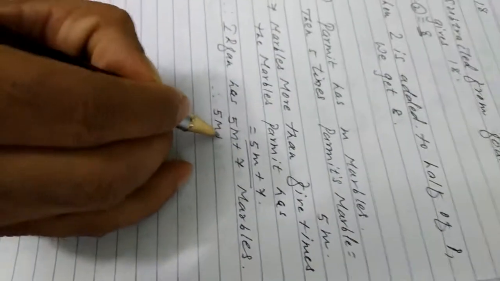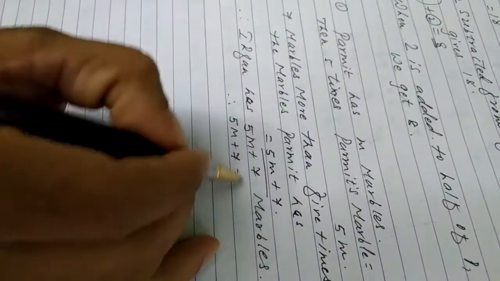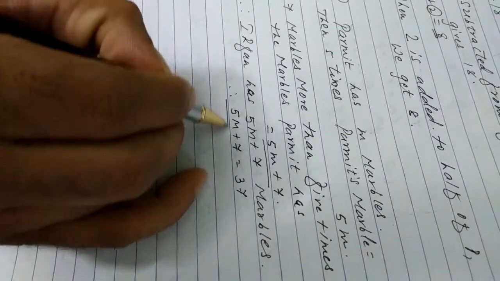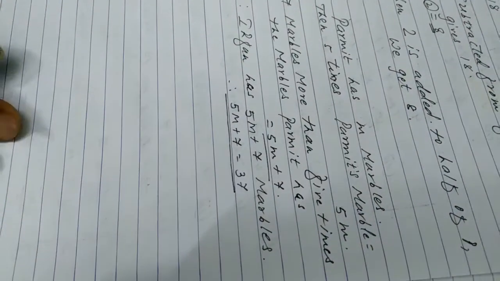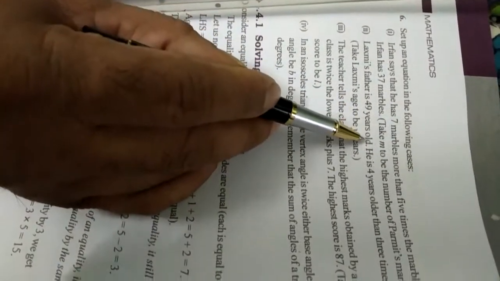So the equation is 5M plus 7 is equal to 37, right? That is the first example.